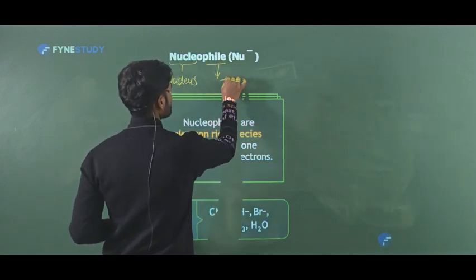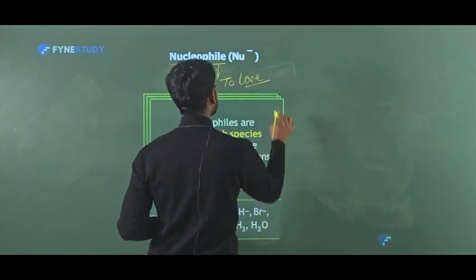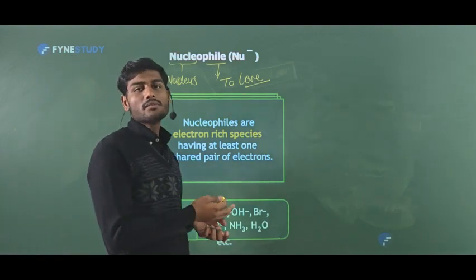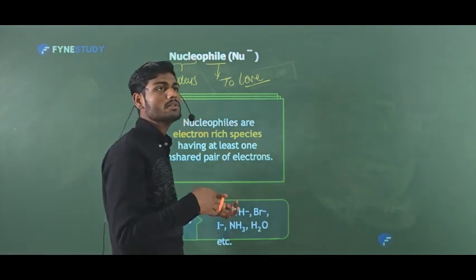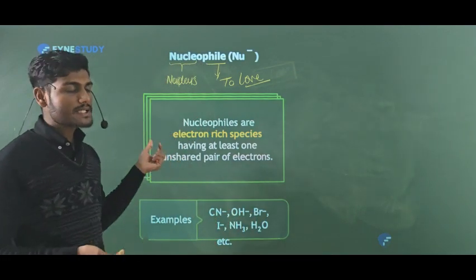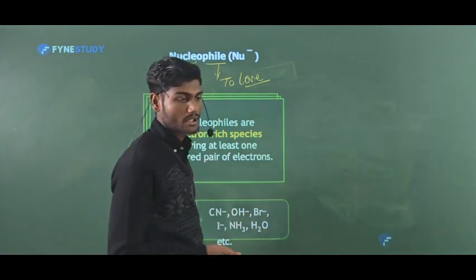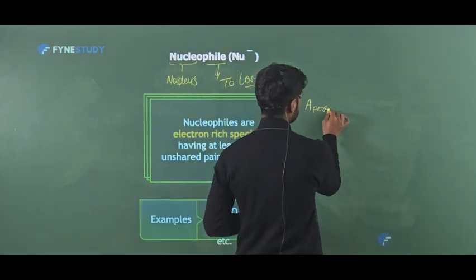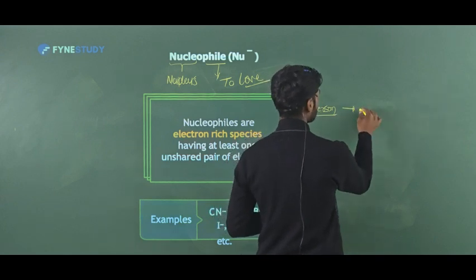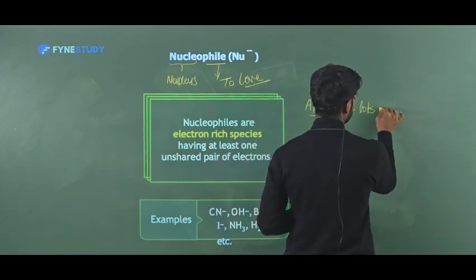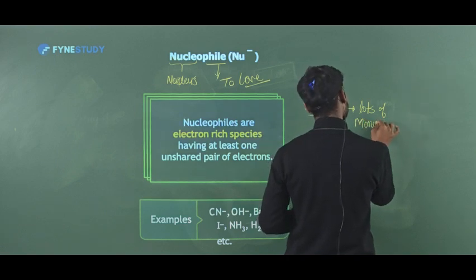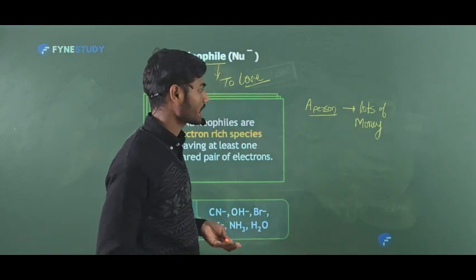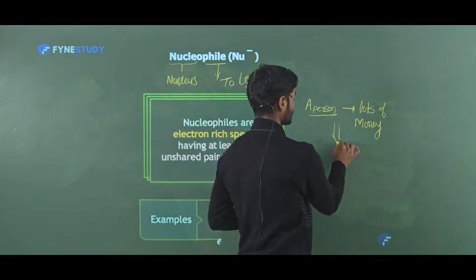It means a species which is richer in electrons, a species having more electrons, so that species will go to the nucleus. Let's say a person having lots of money, excess money, so that person will do charity.